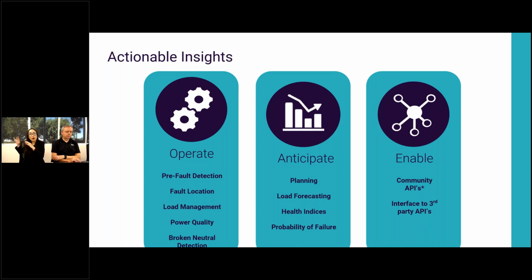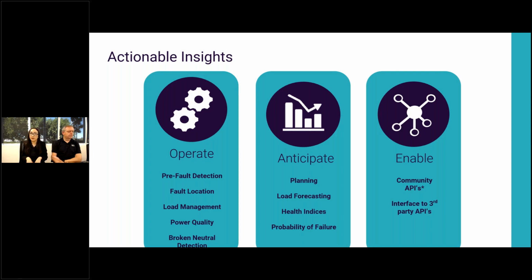We do all of that locally. These actionable insights we classify in three main areas. The operate area is all about the here and now, what we can do right now based on live data from the network. The case studies we will discuss today are all focused on this area.